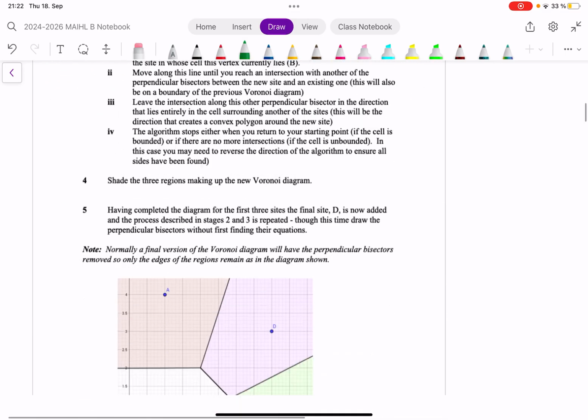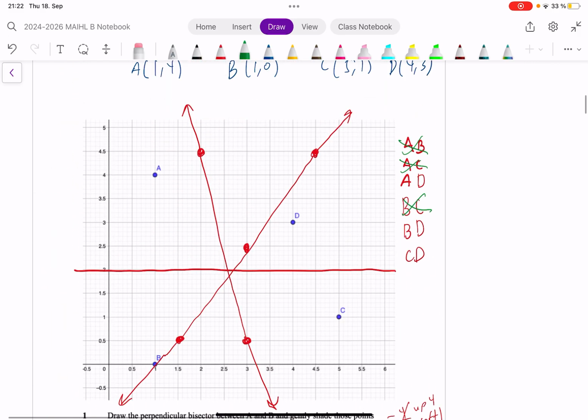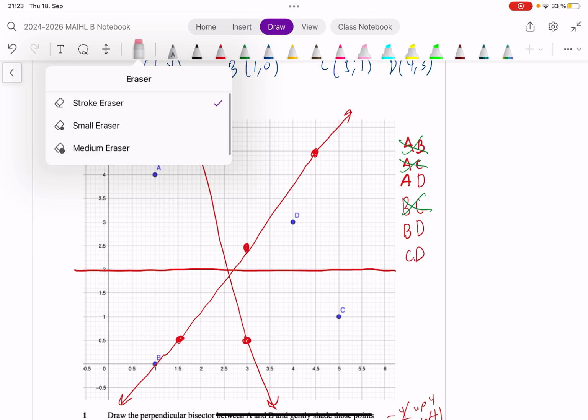So it kind of goes on to explain how the incremental algorithm works. We're not going to do it for the whole thing, but you can kind of see even just from these, if I was to start to remove some things, so let me change my eraser.